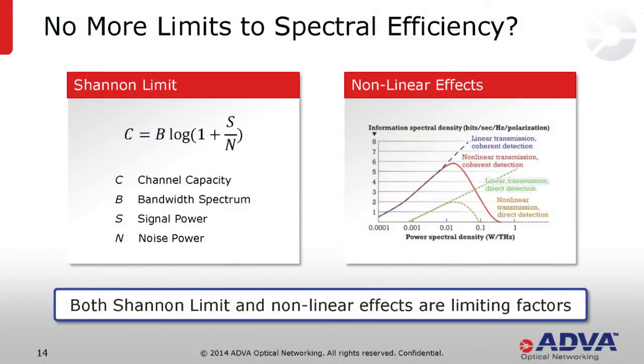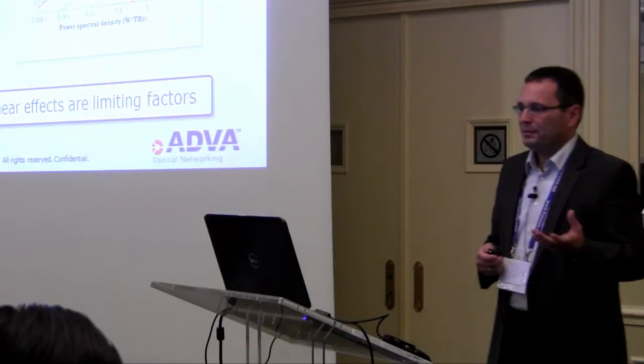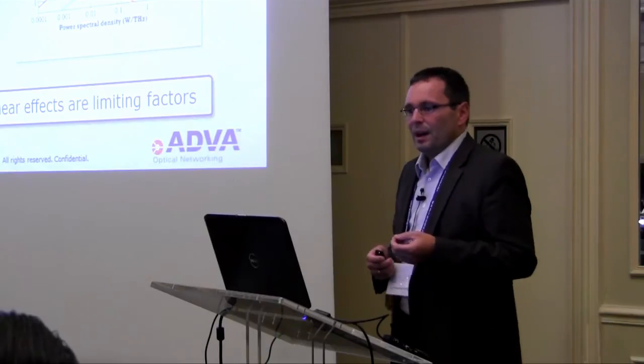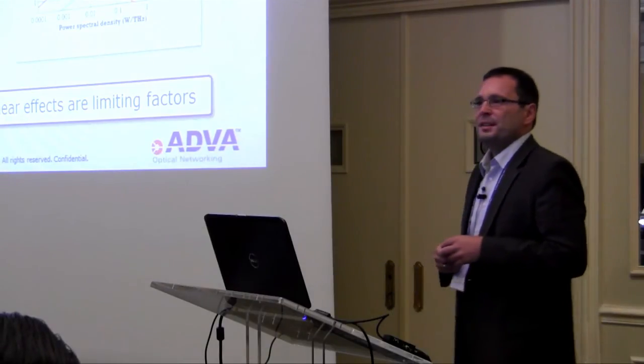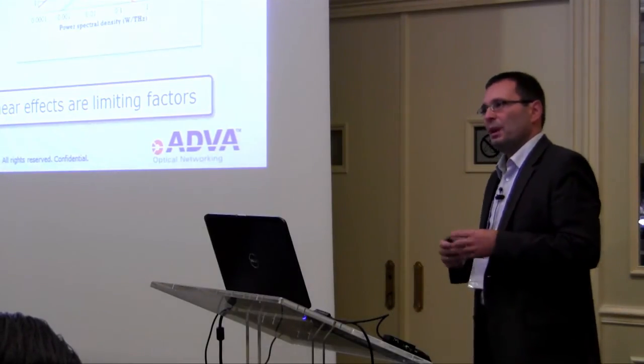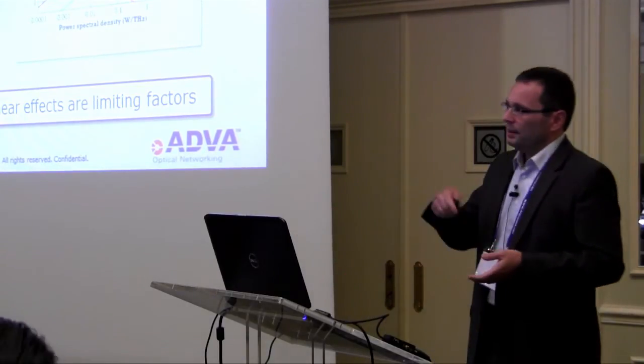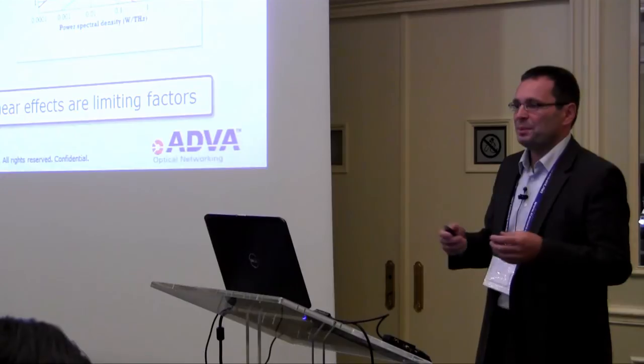Shannon, a guy from the middle of the 20th century, found a formula which is valid for all transmission over any media, and it basically says the channel capacity is limited by the bandwidth, the spectrum we have, in our case 50 gigahertz, and it's also limited by the signal-to-noise ratio. The larger the signal-to-noise ratio is, the more we can have. The lower it is, the less we have.